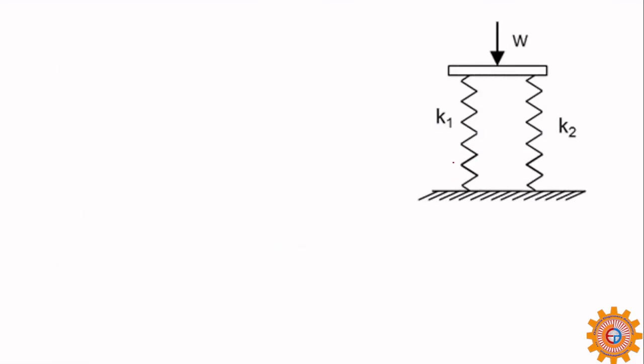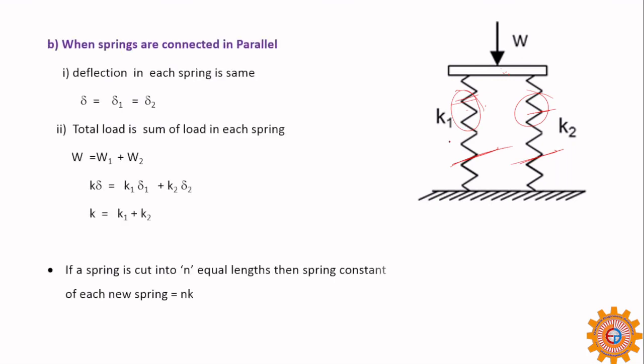Now this system is very useful, springs in parallel. The same load is not acting here, because this load has to be shared by these springs. In the previous case the same load is acting on each spring; here the load is shared by each spring.